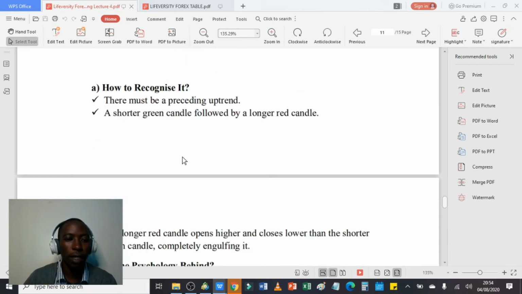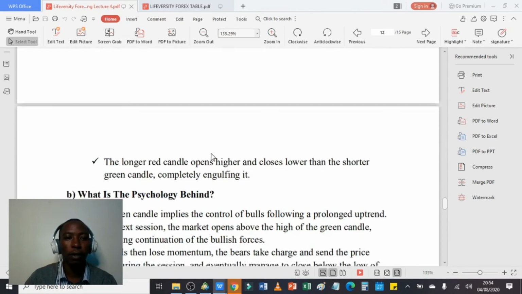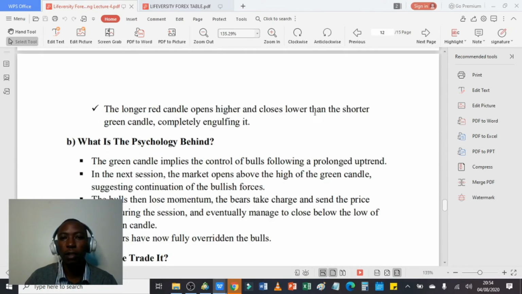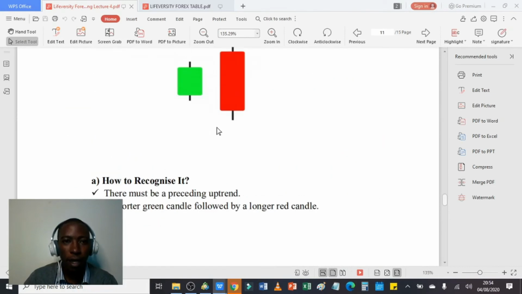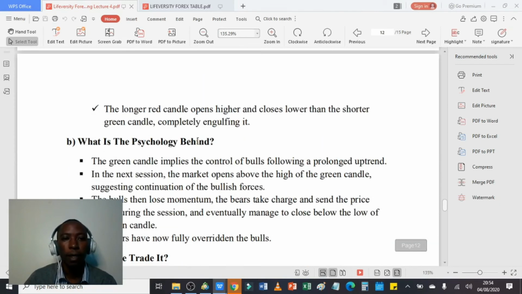How to recognize it? There must be a preceding uptrend, a shorter green candle followed by a longer red candle. The longer red candle opens high and closes lower than the shorter green candle, completely engulfing it. That is why it's called bearish engulfing. The bearish candle engulfs the bullish candle completely.